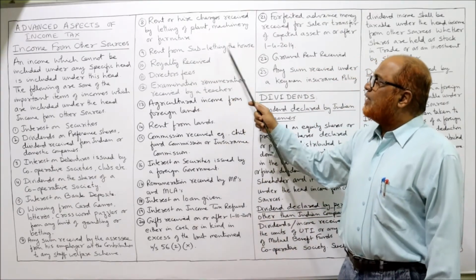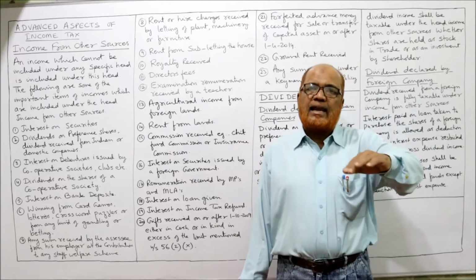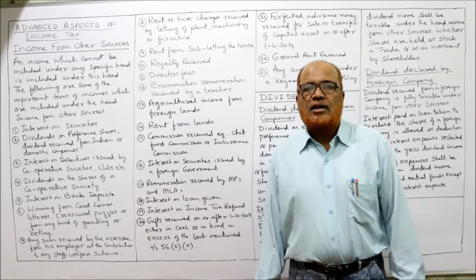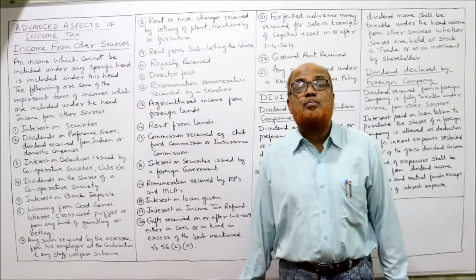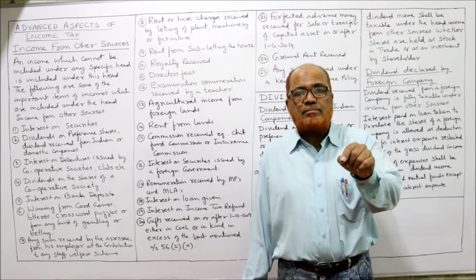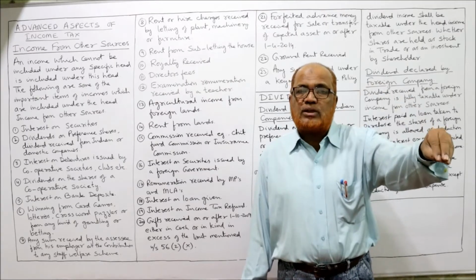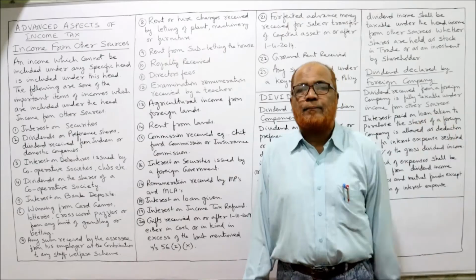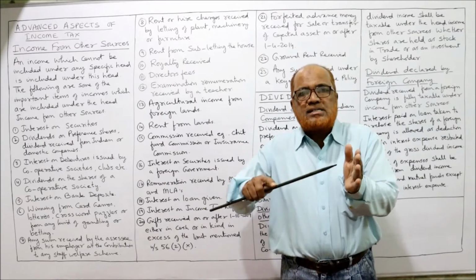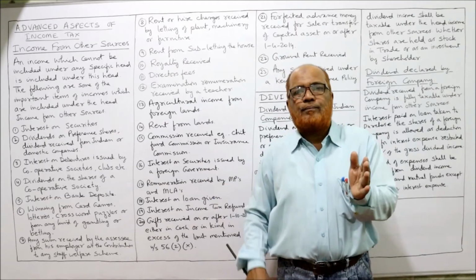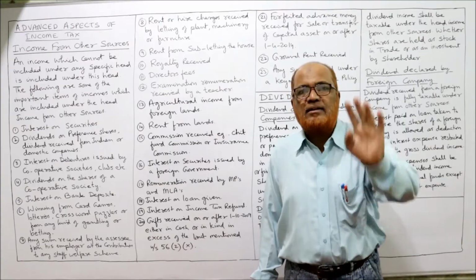Next one is rent from subletting the house. Actually, a person can let the house to the tenant. The rent received from the tenant is taxable under income from house property. But sometimes the owner, the landlord, will give the right to the tenant to make subletting. For example, Mr. X is the owner of the house. He has let out the house to Mr. Y. Along with that, he has given the right to Y to sublet the house.